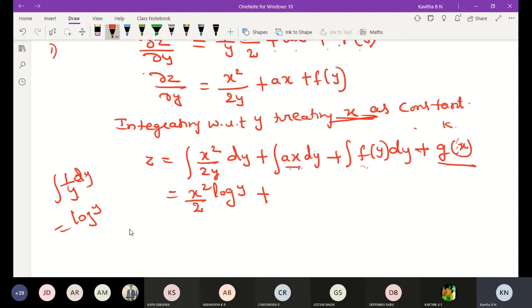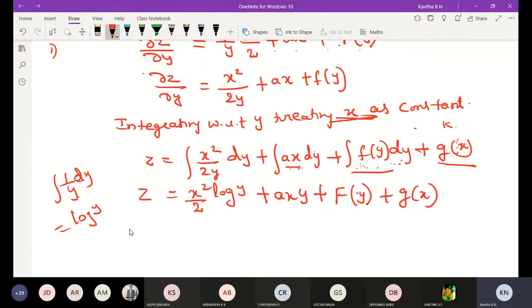Ax is a constant, so the integration gives ax into y, plus the integration of f of y dy, which we write as capital F of y, plus g of x.